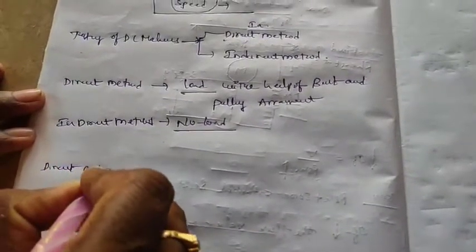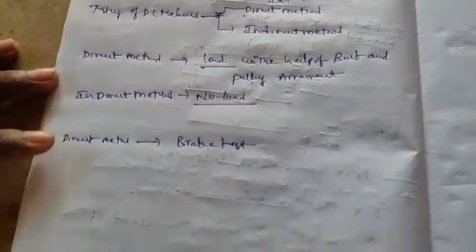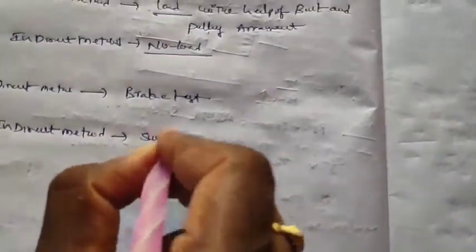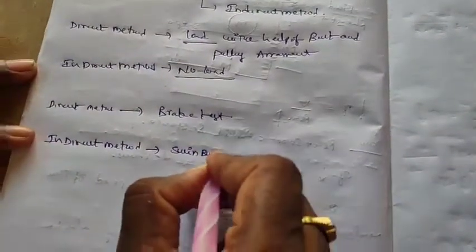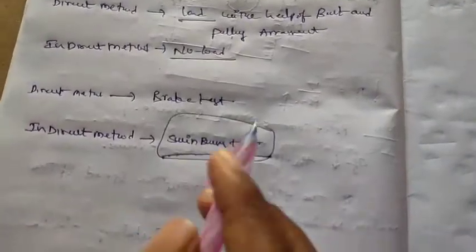An example of the direct method is the brake test. The indirect method is Swinburne's test. In our syllabus, Swinburne's test is there. That means we cannot connect any load to the motor, and it can be tested to determine the speed characteristics, torque, and the efficiency of the motor.